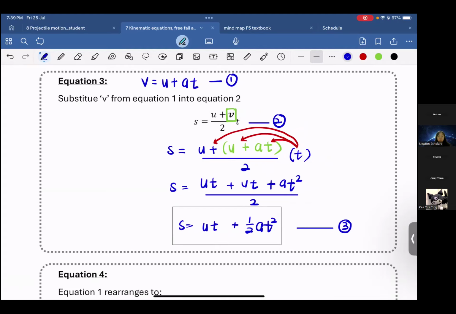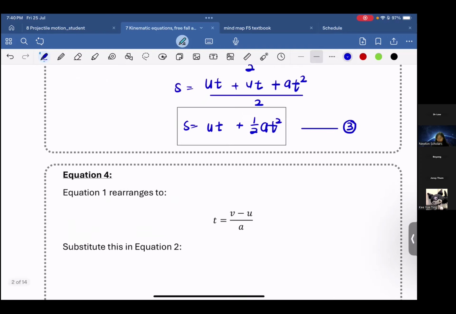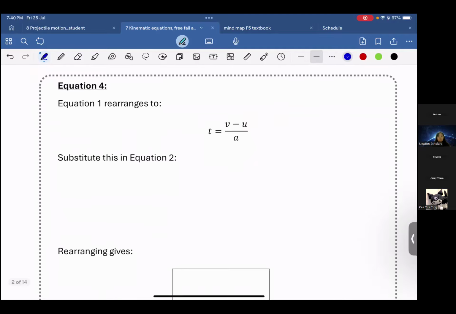Okay, 10 seconds for you to complete this, then before I proceed to equation number 4, at the same time I take attendance. Okay, done. So here we go to equation number 4.